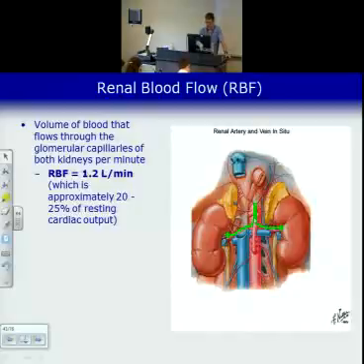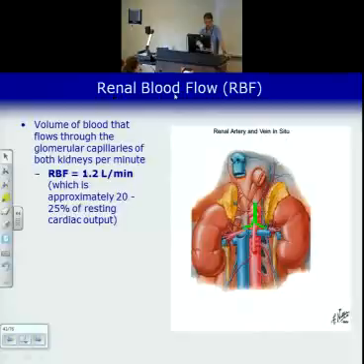So as the blood makes its way down the aorta, right and left renal artery, how much of it is going to wind through? Go back to way back cardio days, 5 liters a minute was your cardiac output. Well, 1.2 liters, 25%. So a fifth or a fourth of it is going through the filter system of your kidneys. And it kind of makes sense functionally as far as what it needs to do.